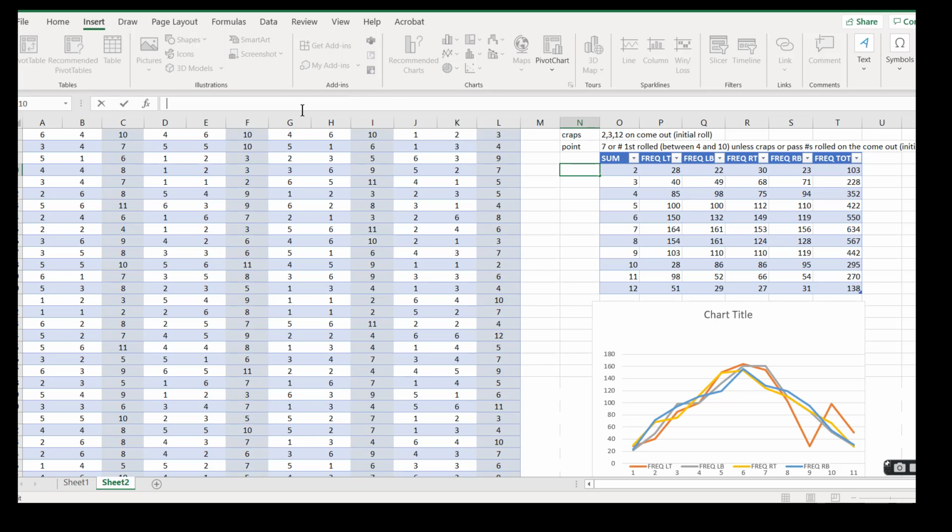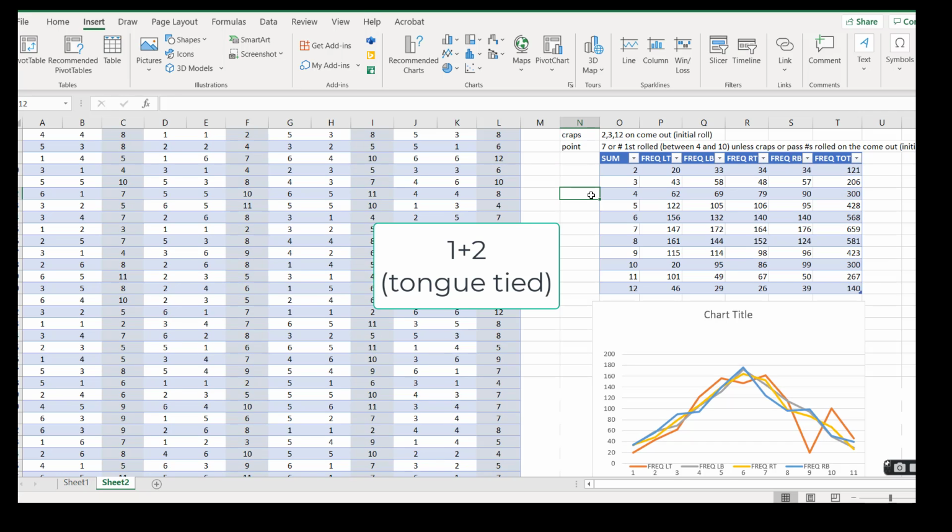There's only one way to get 3, 1 plus 2. There are a couple of ways to get 4, right? So the more ways that there are to get a certain number, the more results you're going to be able to get when you roll dice.